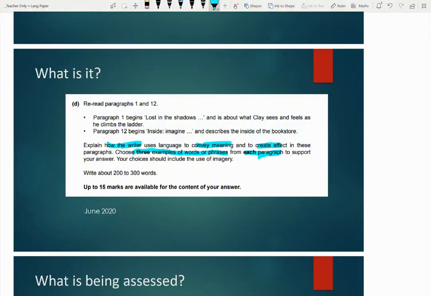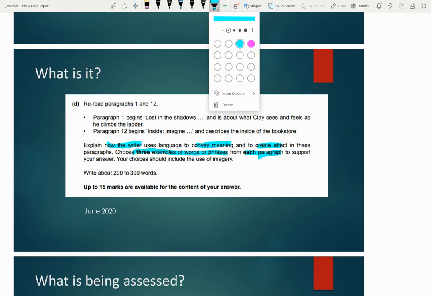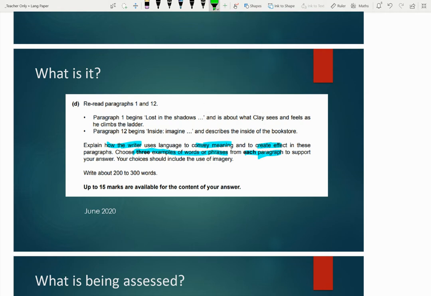of feeling? Each one of the paragraphs has a separate focus, so you can really approach them almost as two entirely separate entities. So you can see that first paragraph that for this sample question, which was taken from the June 2020 paper, the focus of your analysis should be all about how the writer communicates to the reader what Clay sees and feels as he's climbing this ladder.